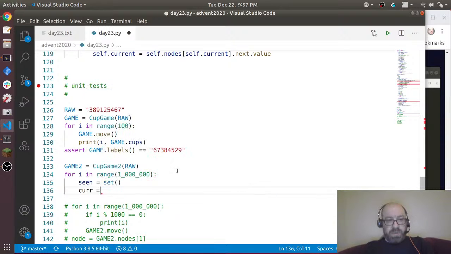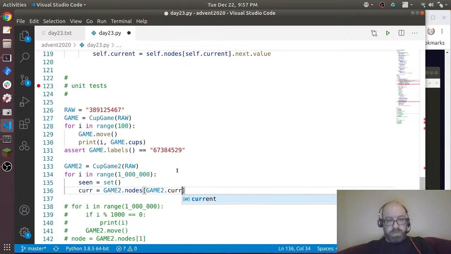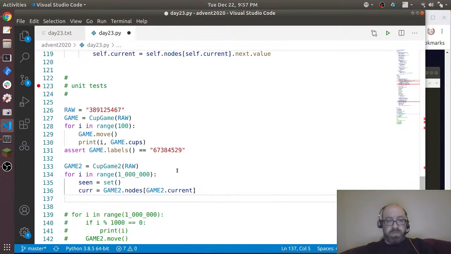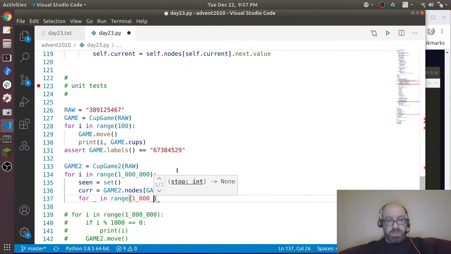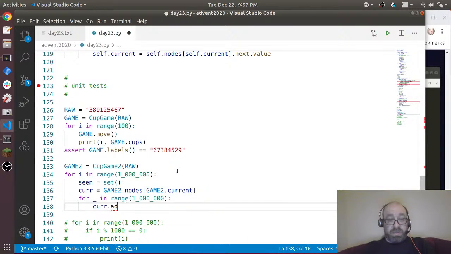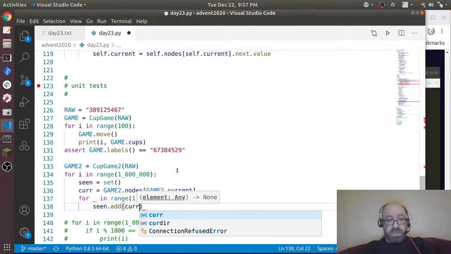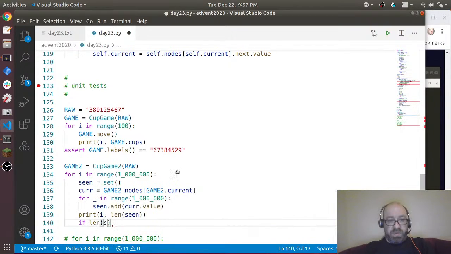Scene equals set, cur equals game2.nodes game2.current, for blank in range 1,000,000, scene.add cur.value, print len scene. If len scene is less than 1,000,000, break.